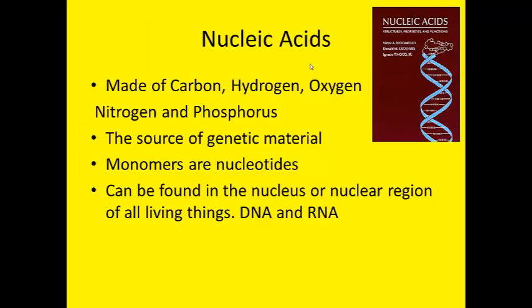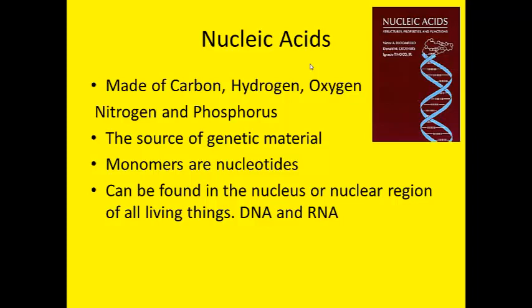Nucleic acid should sound familiar. We talk about DNA a little bit later, but in 7th grade you may have been learning a little bit about deoxyribonucleic acid. Nucleic acids are made of carbon, hydrogen, oxygen, nitrogen, and phosphorus. They are the source of genetic material. So all nucleic acids provide genetic material. Nucleic acids also do other things, like ATP is a nucleic acid, and it gives energy to the cell.